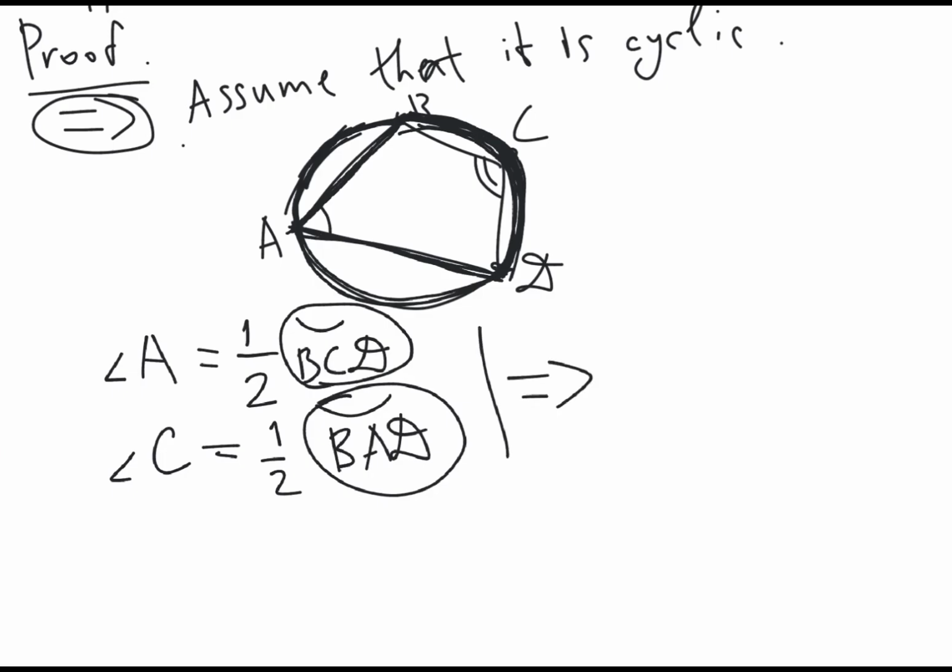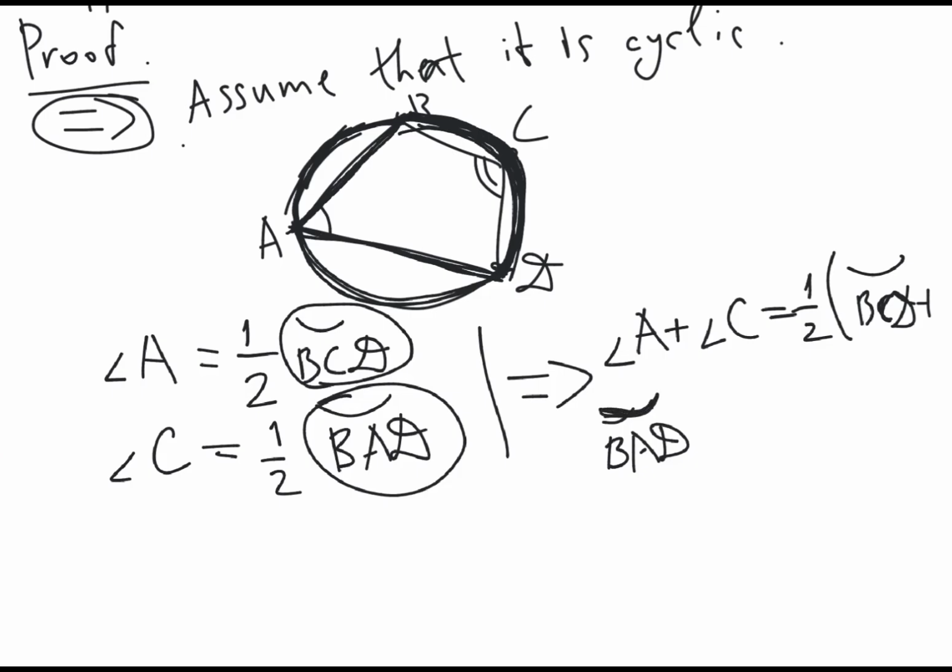360 degrees. So from this we conclude that the sum of the angle A plus the angle C is equal to 1/2 of the arc BCD plus the arc BAD. And the arc BCD plus the arc BAD would be the full circle.